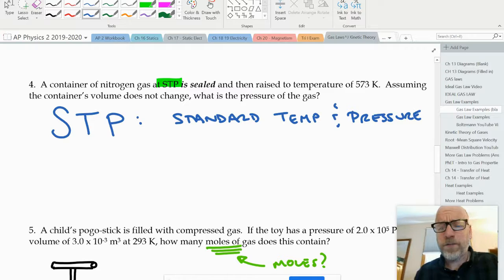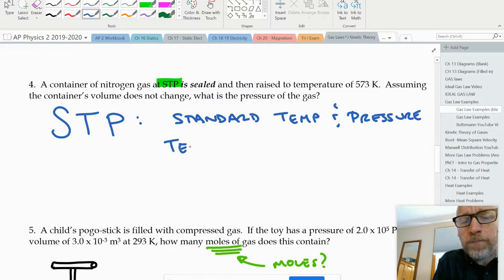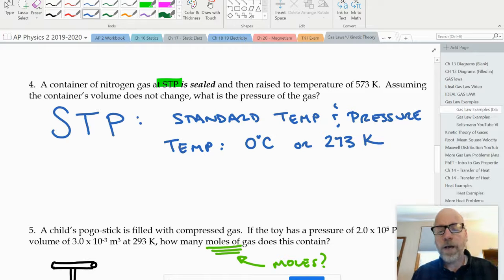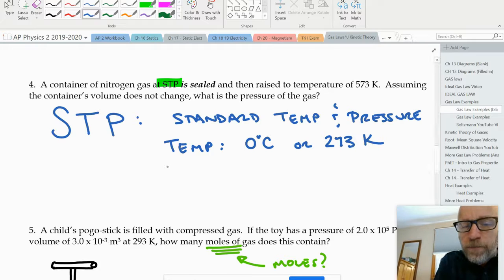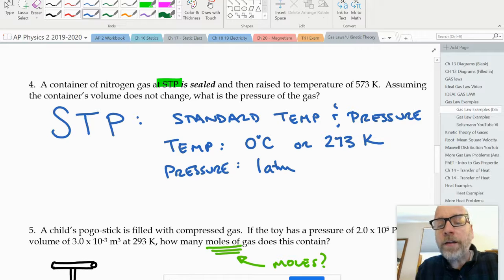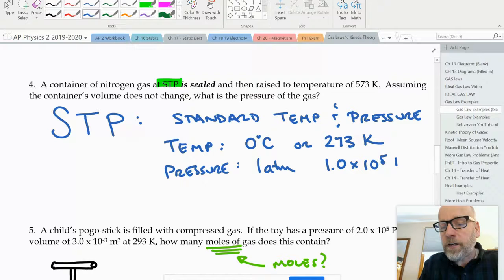Now, what is standard temperature and pressure, you ask? Good question. For temp, we could say that it is either at 0 degrees Celsius or 273 Kelvin. Standard temp is 0 degrees Celsius, the freezing point of water, which if we are measuring things in the Kelvin scale, which we often are in this unit, is going to be 273 Kelvin. When it comes to pressure, there are some rounding issues here, but often we can use 1 ATM, and the AP Physics 2 exam actually uses 1.0 times 10 to the 5th pascals.